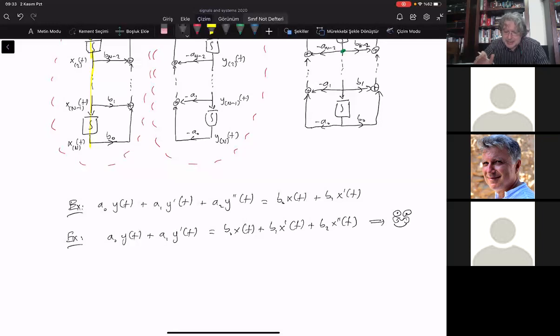So it will be an excellent analytical exercise for you to try to work on this second example. Some further interesting examples may have, for example, nothing as x of t, but only the derivative, or some of the derivative terms from either side of the equation, from y or from x, may be missing, including x of t and y of t themselves. So you only have the derivative terms of everything.